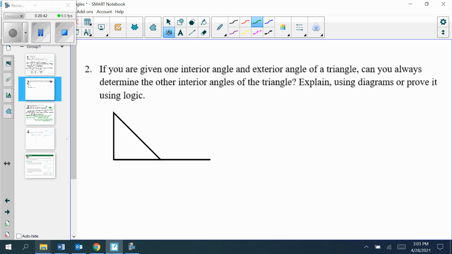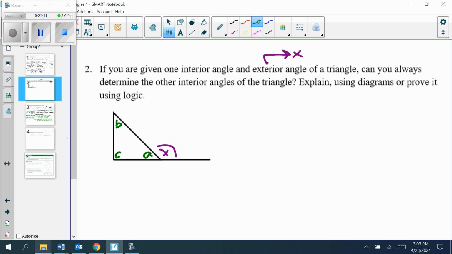I'm going to label this outside portion X. So that represents this. I'm going to call this angle, we'll start here, A, B, and C. Okay, so it's saying if you're given one interior angle and the exterior angle of the triangle, so this is going to be based on how I draw it, you're always going to be given X and one interior angle.